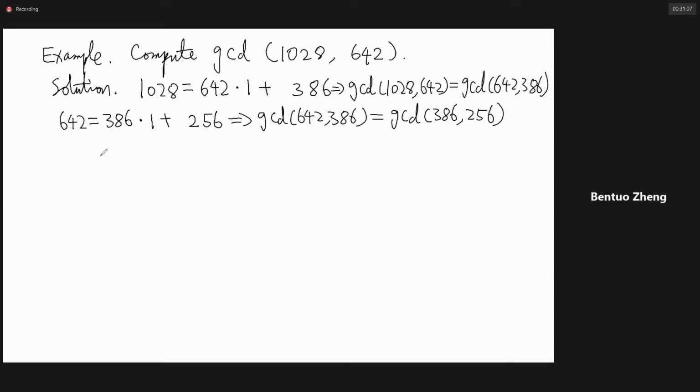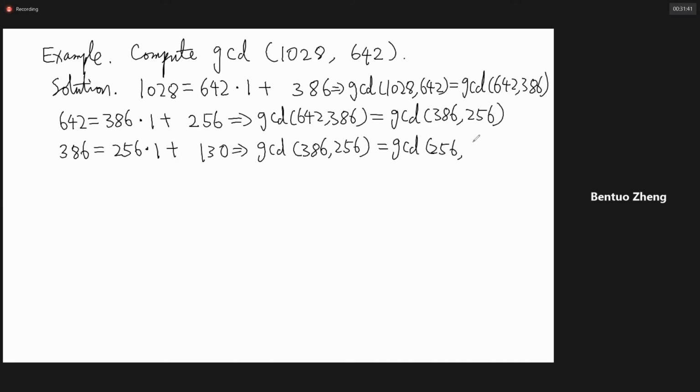All right, and then we write 386 as 256 times 1 plus the remainder, which is 130. This implies the greatest common divisor of 386 and 256 is equal to the greatest common divisor of 256 and 130.